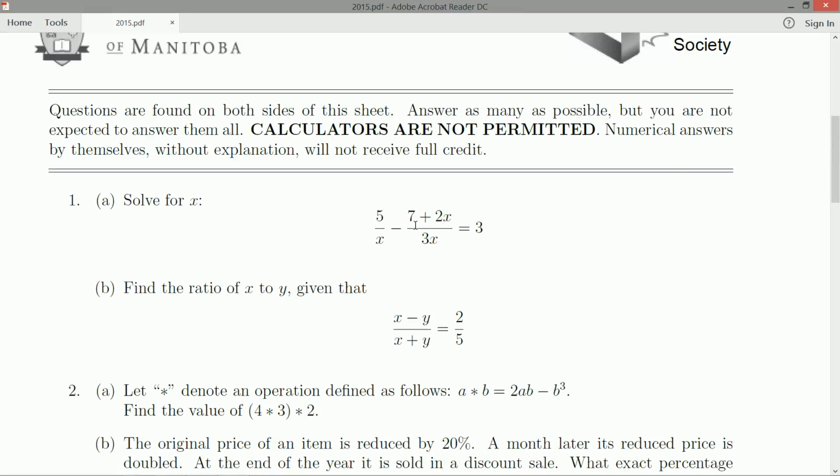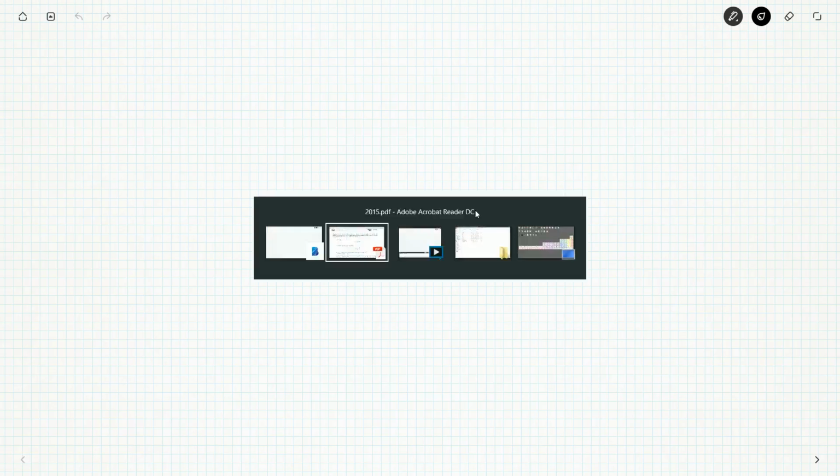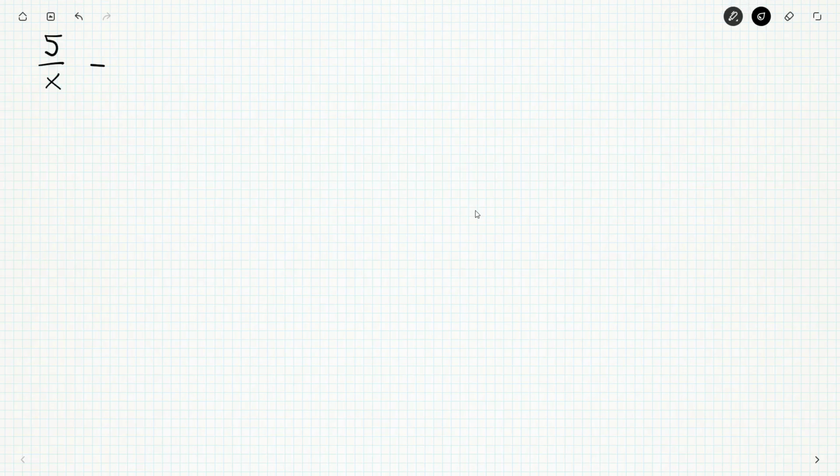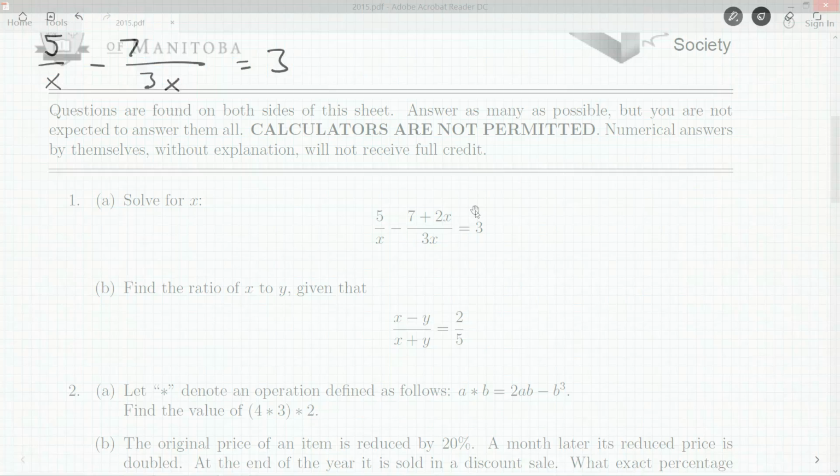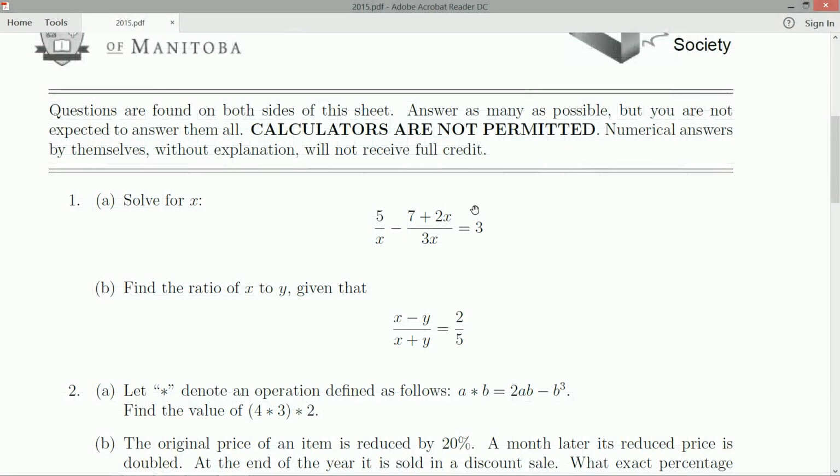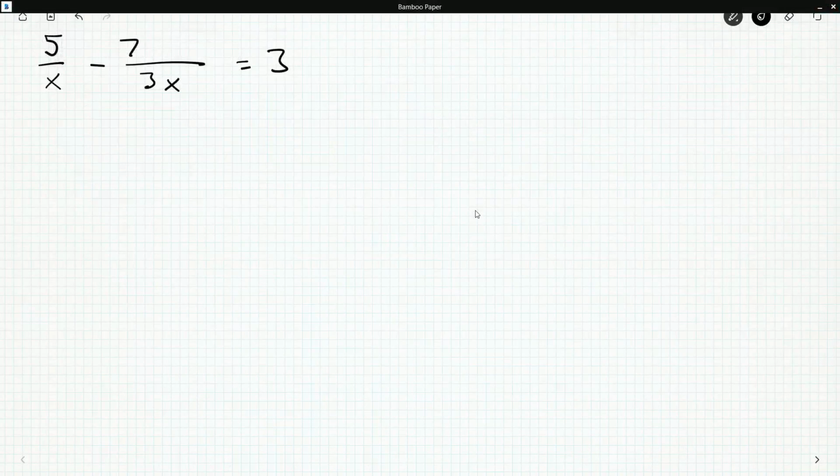Well, let's copy that down into our notepad. Okay, so it was 5 over x minus 7 plus 2x over 3x equals 3, as I recall.